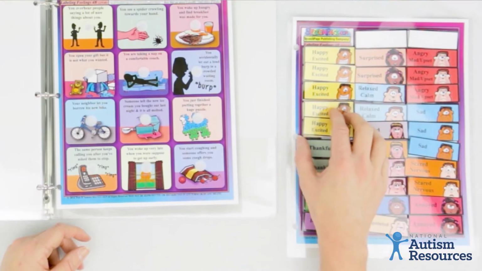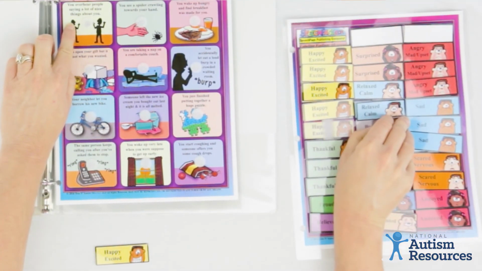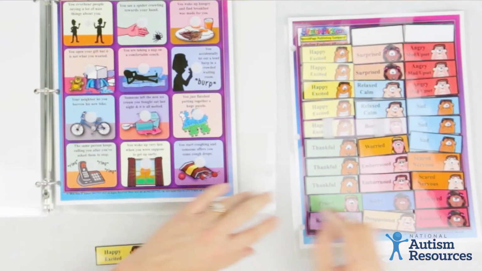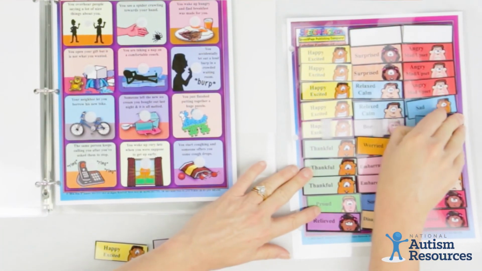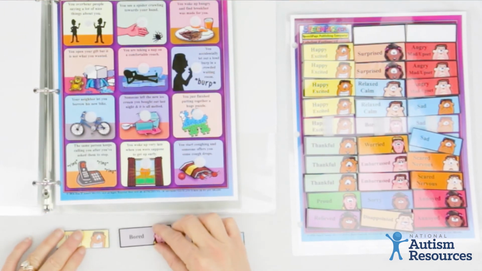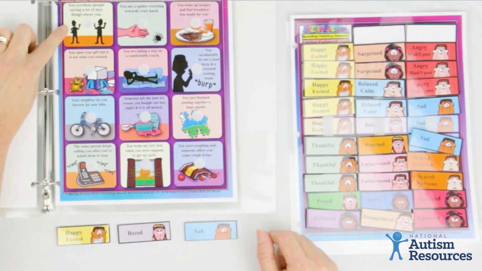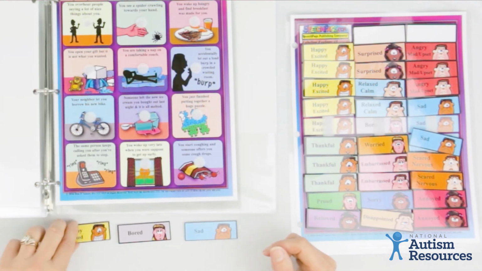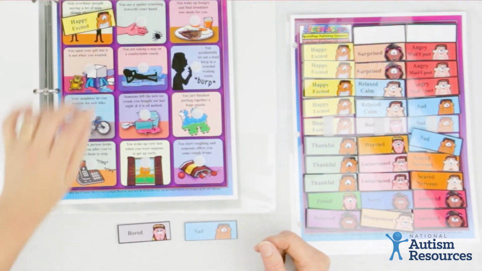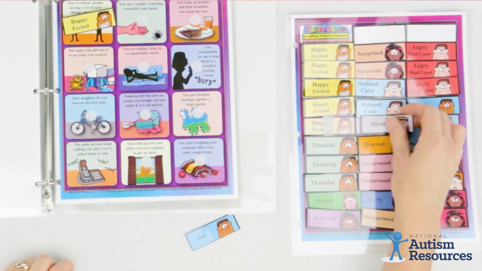So what you can do, instead of just handing them the emotion page, you might want to give them a couple of emotions to start with. So let's take a look at the first scenario here. I'm going to put 3 possible emotions: happy, bored, or sad. I'd say you overhear people saying lots of nice things about you. How would that make you feel? Happy, excited. So that's one way that you could present this activity.